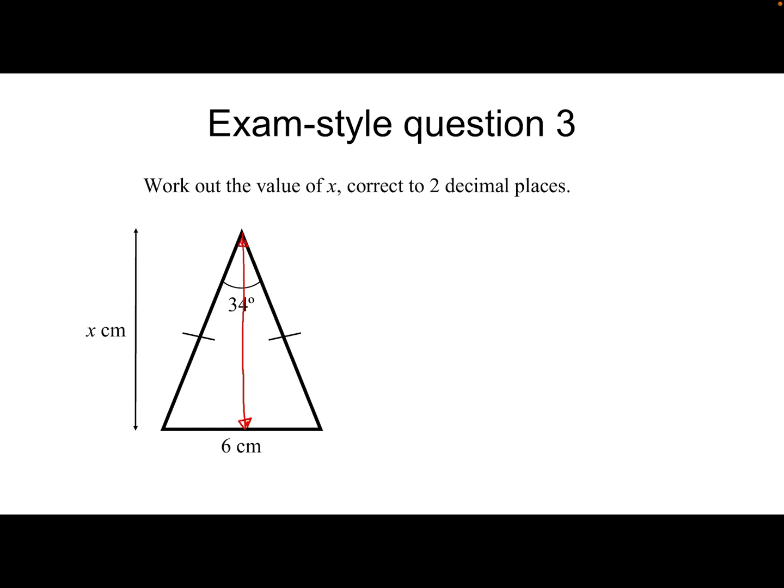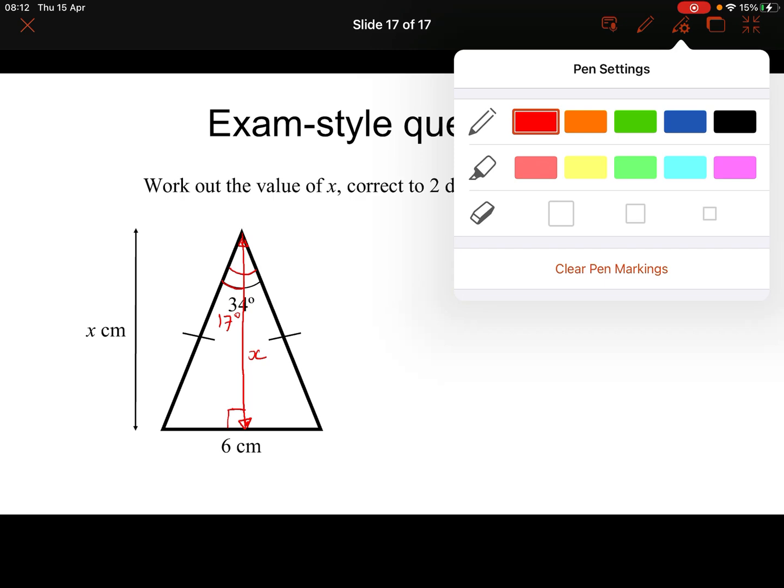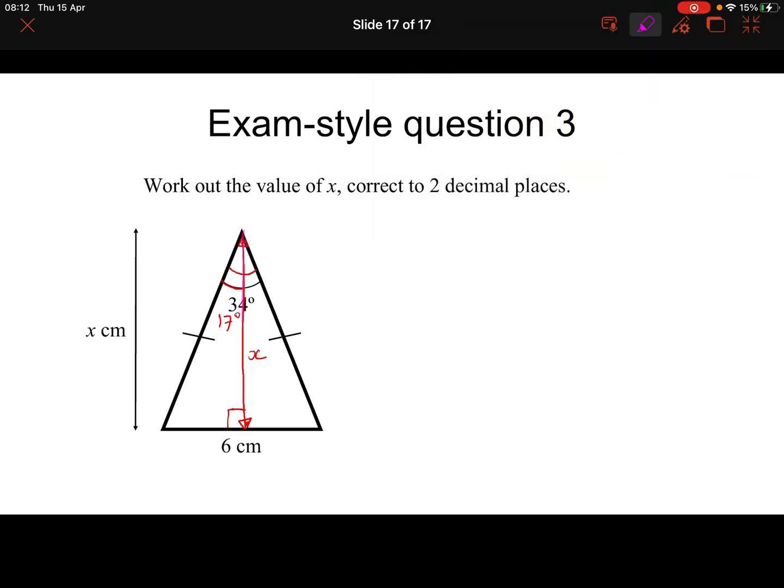So, this is also x. Because it is an isosceles triangle, we know that this is a right angle, and we know that this angle is half of this angle. So the angle is 17 degrees. Now, let me just highlight the right-angled triangle we're talking about.